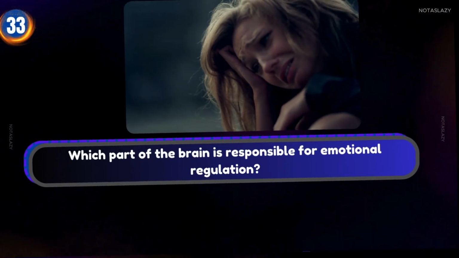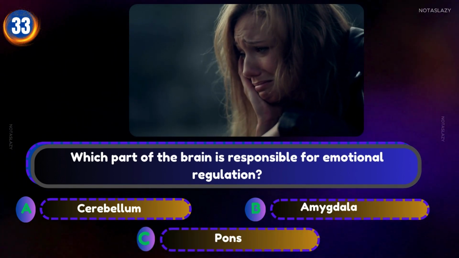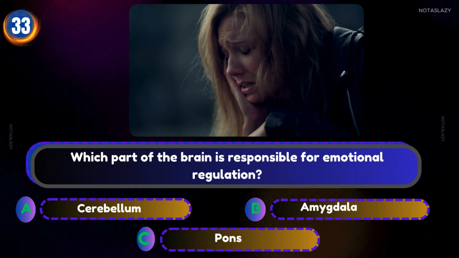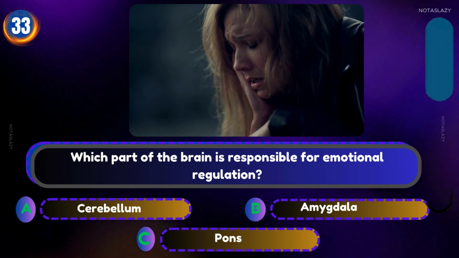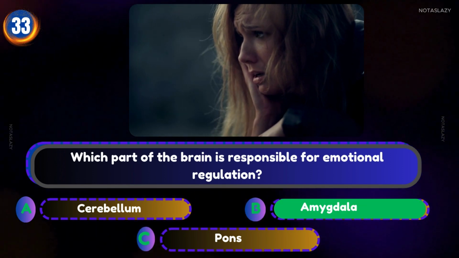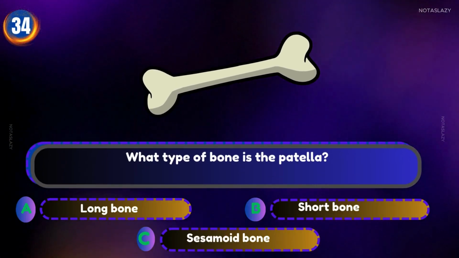Quadriceps. Which part of the brain is responsible for emotional regulation? Amygdala. What type of bone is the patella?